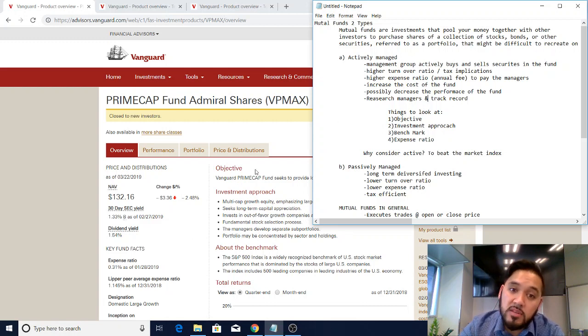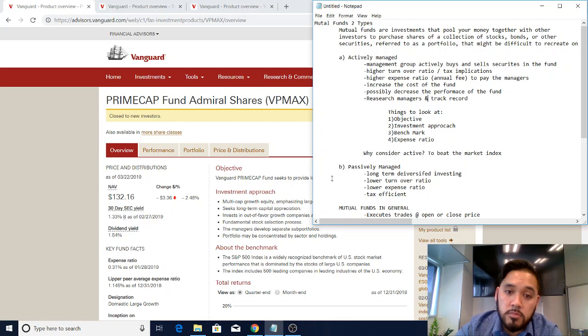With actively managed mutual funds, a key thing to do is research the fund managers as well as the management group and their track record over time. When you look at the Prime Cap Fund Admiral Shares, they do a really good job compared to their index.